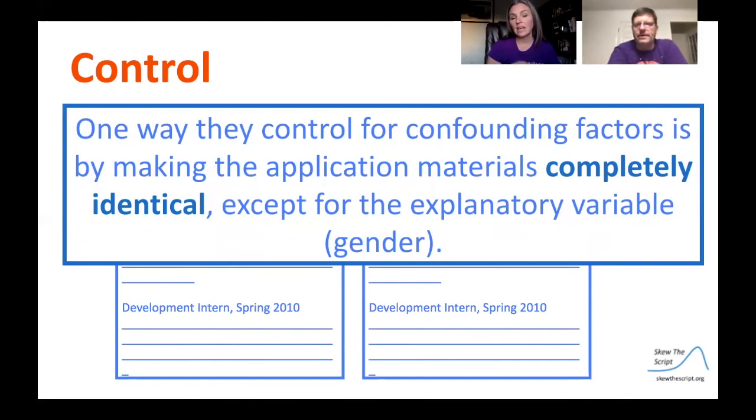And so in this case, people pick you apart because your resume is, and they can. It's valid. If there's a reason they can argue, then you don't have control of your experiment. Right. So we made the application, we didn't, but these people made their application completely identical except for gender.